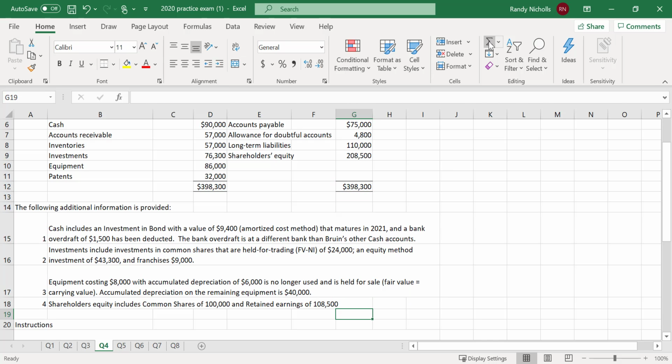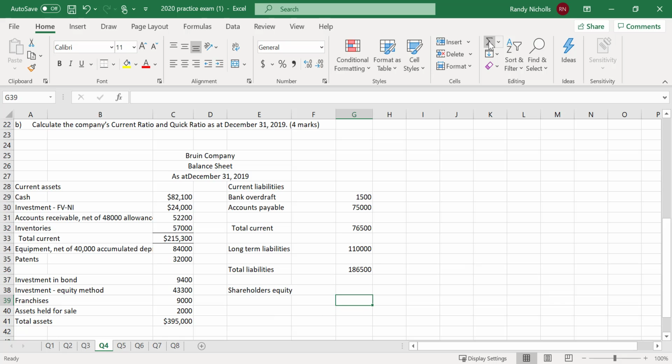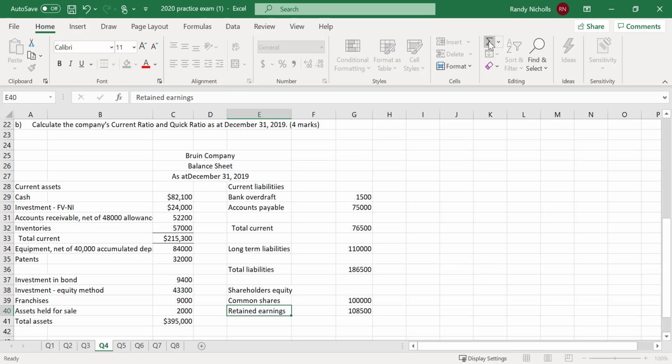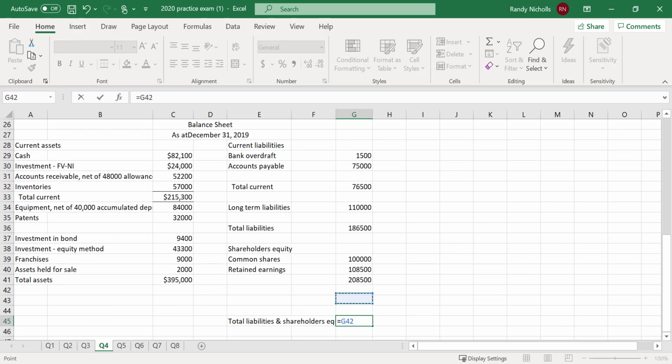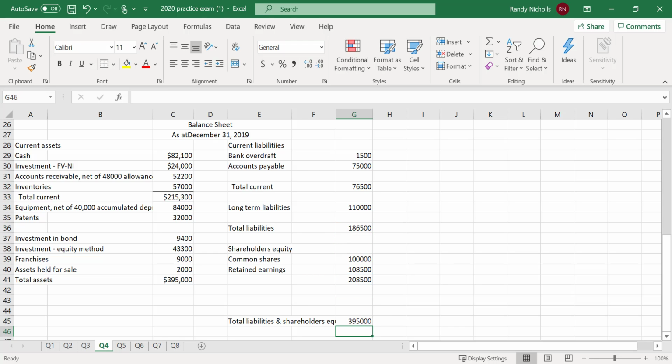So common shares 100,000, retained earnings 1085. Suppose we're going to balance. I'm a little worried. My shareholders' equity plus my liabilities. Oh, look at that. Life is good, everything balances.